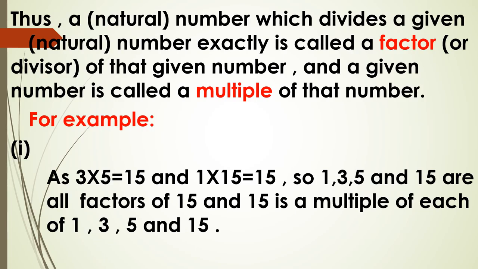And 1 multiplied by 15 is also 15, so 1 and 15 are also factors of 15. And what is the product here? The product is 15. So 15 is a multiple of 1, 3, 5 and 15. 15 is a multiple of each of the factors.